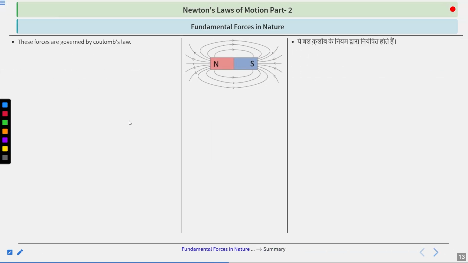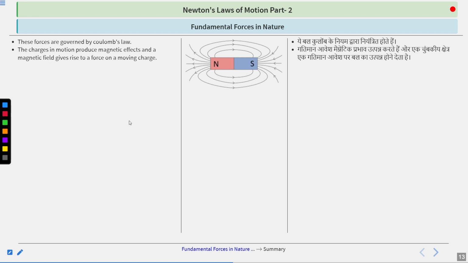The force is governed by Coulomb's law. Charges in motion produce magnetic effects, and a magnetic field gives rise to a force on a moving charge. That is why electric and magnetic forces are in general inseparable.